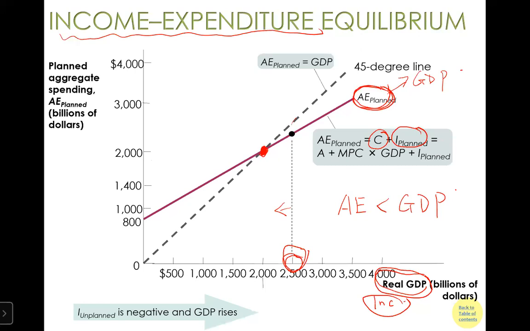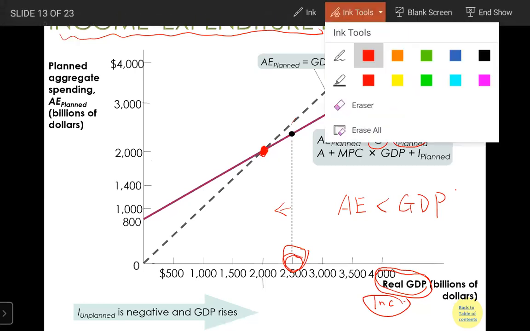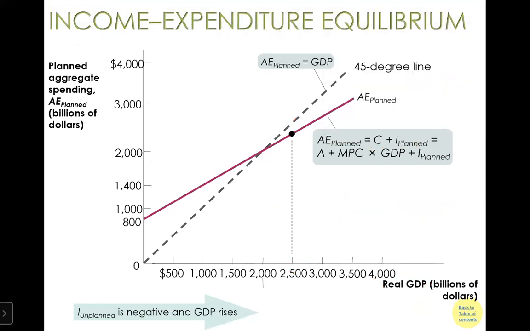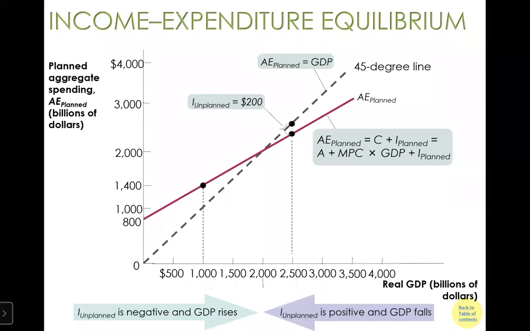On the other hand, if the adjustment becomes too aggressive, or in other words, we become too pessimistic, we move to the right hand side of this cross, so we only produce 1,000. Now suddenly the aggregate expenditure exceeds GDP, because it's above the 45 degree line.